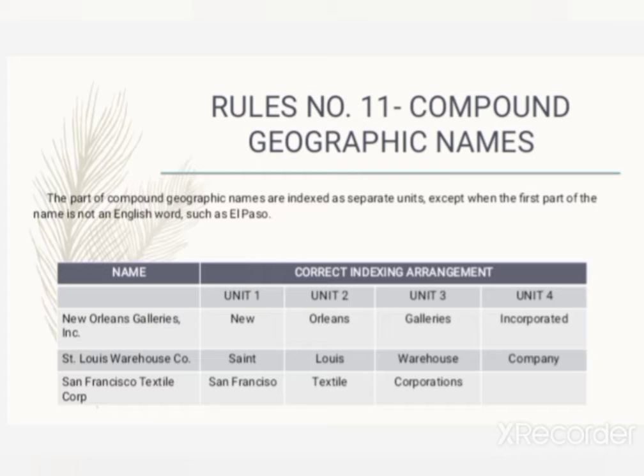This rule says that if the word is not English, it is considered as one unit. And these are all English words. So for example, New Orleans Galleries Inc. In the correct indexing arrangement, Inc. should always be written out in full, like New Orleans Galleries Incorporated.